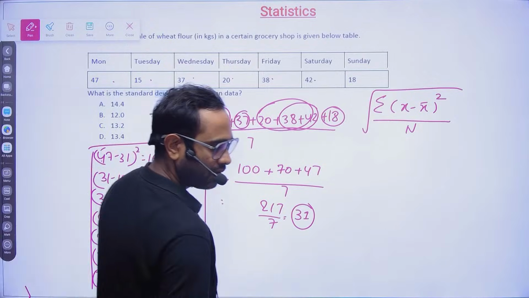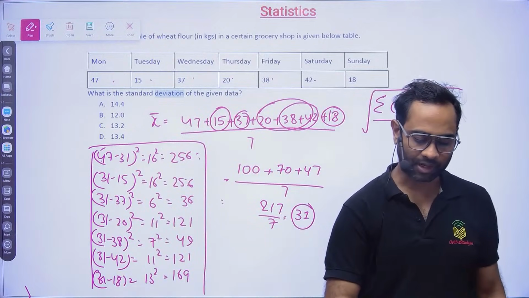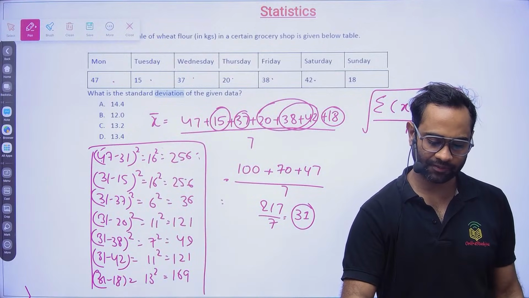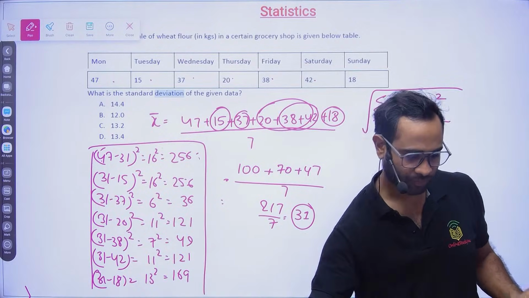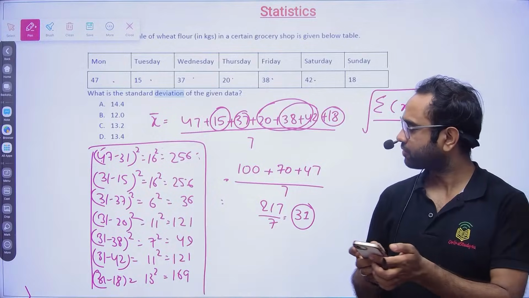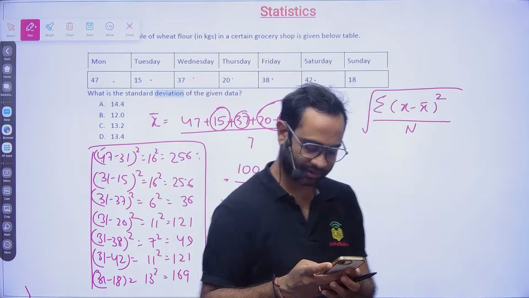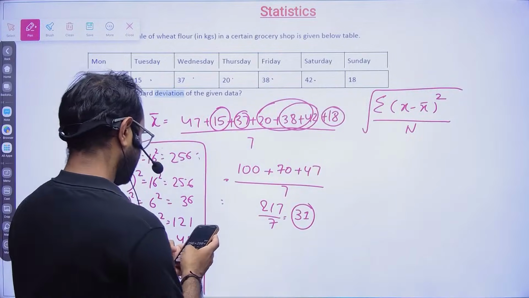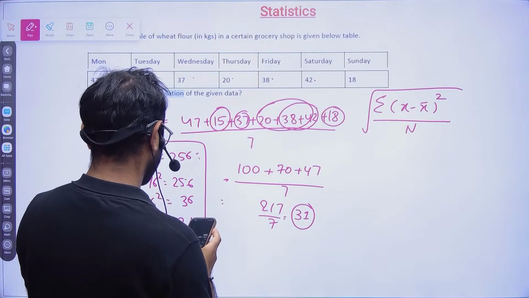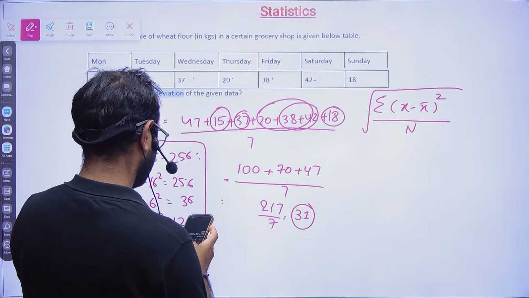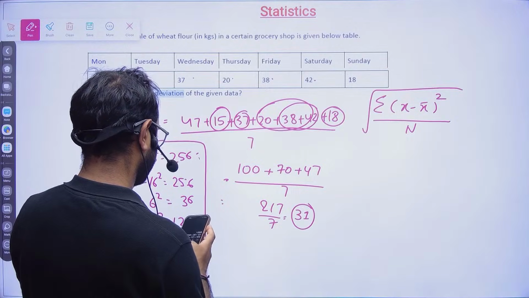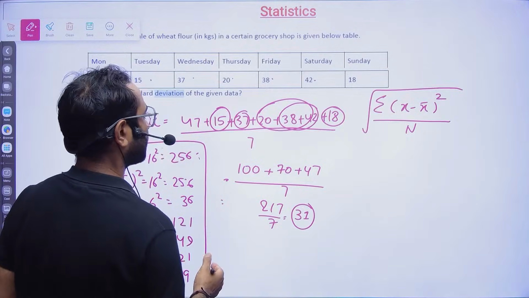Tell me the sum. So what will be the sum here, and then we will keep it inside this. Okay, so what is the sum, guys? 256 plus 256 plus 36 plus 121 plus 49 plus 121 plus 169, it is 1008.